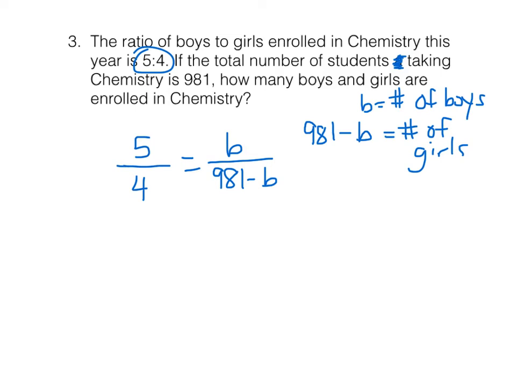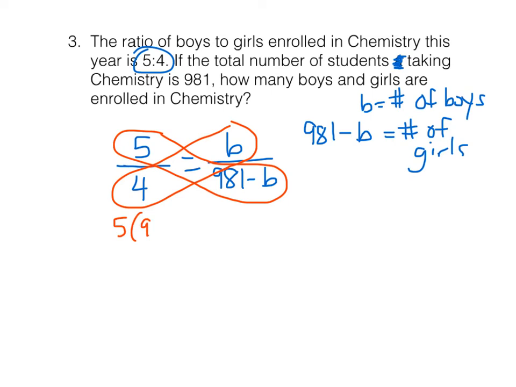If I cross multiply here, I'm going to get 5 times that quantity, 981 minus b, and 4 times b. So 5 times 981 minus b equals 4 times b. When I distribute that 5 through the parentheses, we get 4,905 minus 5b equals 4b.